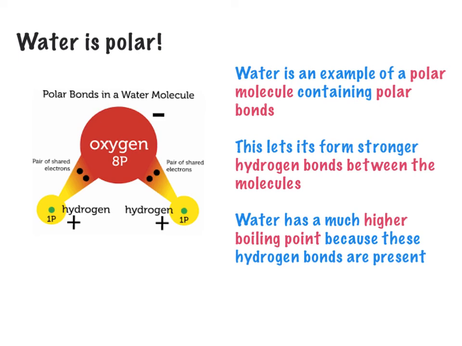But the best part is that because it does this, it has changed the boiling point of water. Without hydrogen bonds, water would boil at about -100 C. But we know that water actually boils at 100 C. So these intermolecular forces between the water molecules are strong enough to raise the boiling point by a lot.